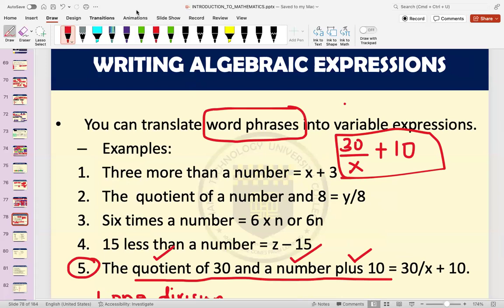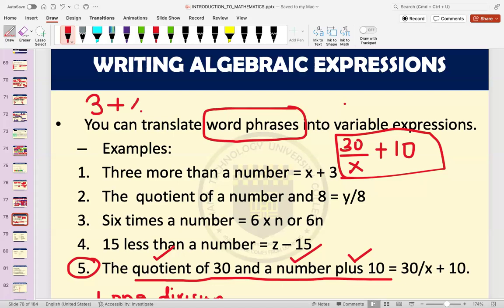Yes. Okay. The first example, 3 more than a number. Then the representation is x plus 3. So, sir, in that scenario, 3 more than a number, can we change the position? Exactly so. Yes, 3 more than a number is the same as 3 plus x.